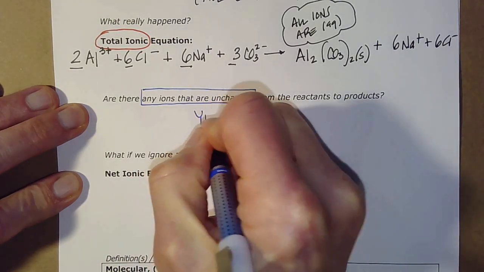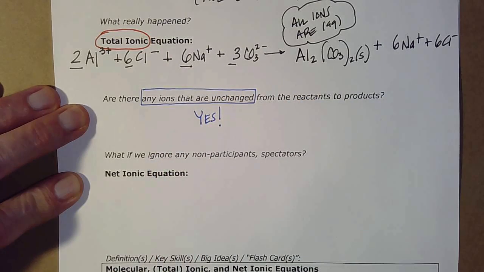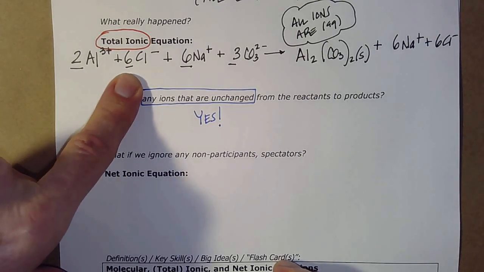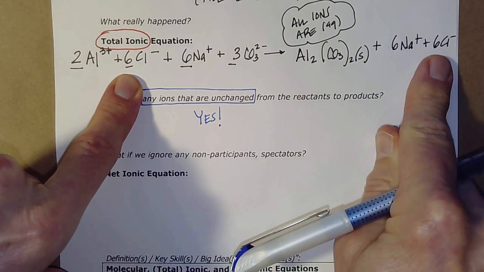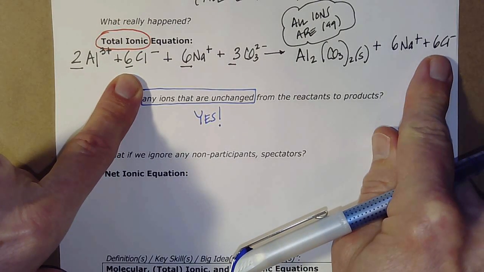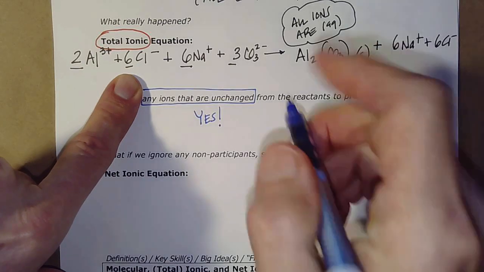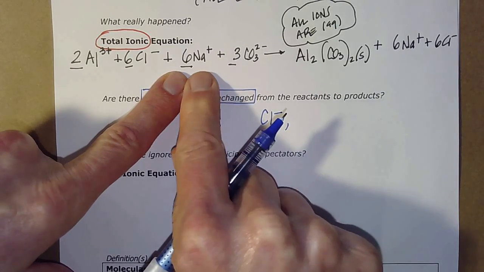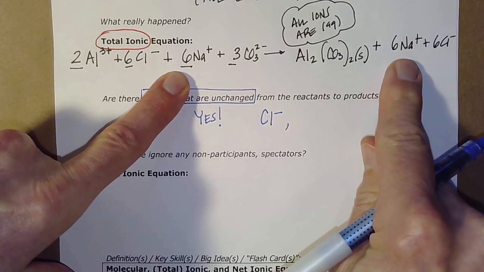The answer is yes, emphatically. And if I look up here, I go, well, wait a minute now. I've got 6 chlorides here and 6 chlorides on the product side. They didn't react. Cl-. I've got 6 sodium ions here, 6 sodium ions there.